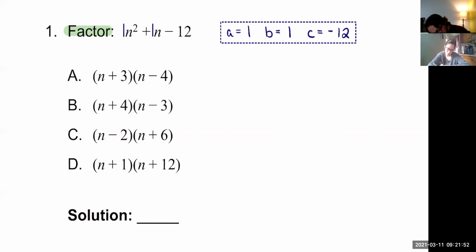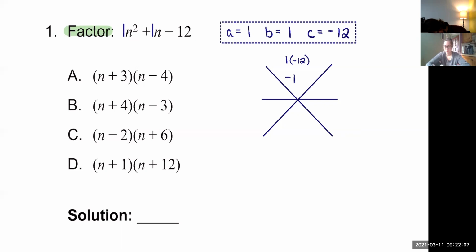Okay, so then I draw my little asterisk here, just an X with a horizontal line through the middle. I'm going to have A times C on top, so 1 times negative 12 gives me negative 12. A on either side, those will be my 1s. B on the bottom is also a 1.